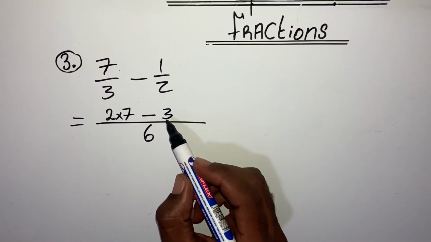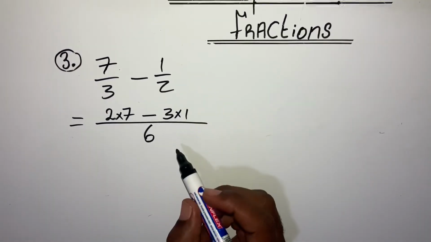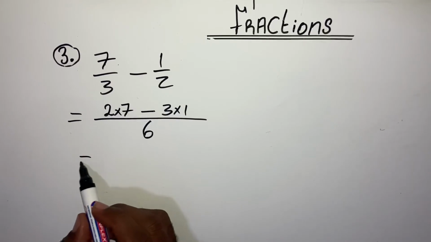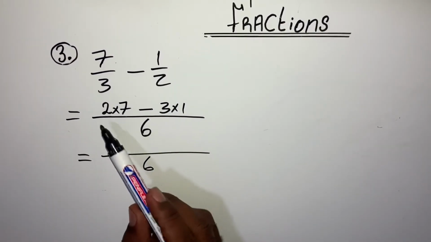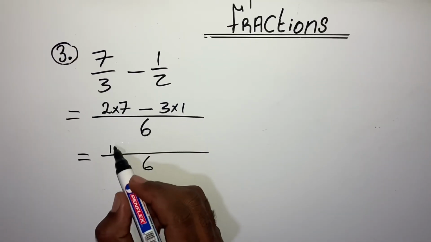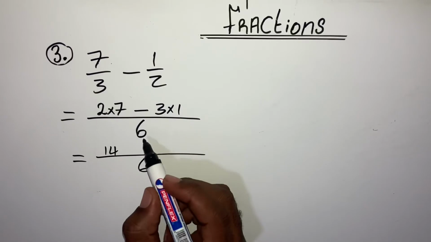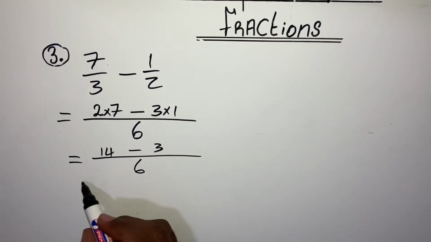Then the answer we get times the numerator, which is 1. Then from there we continue with our sum, where we multiply 2 times 7, we get 14, minus 3 times 1 is still 3.